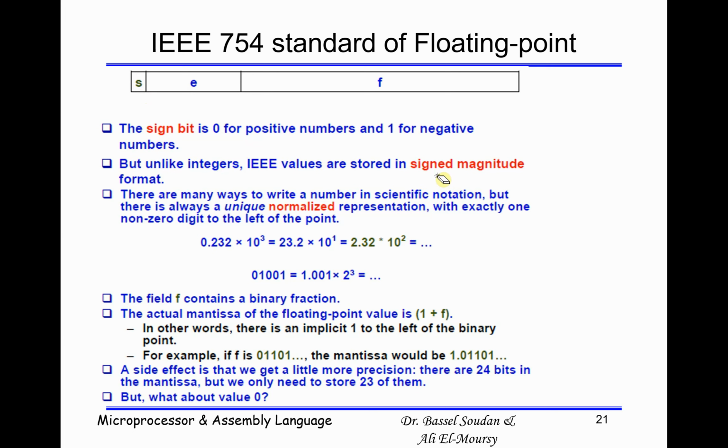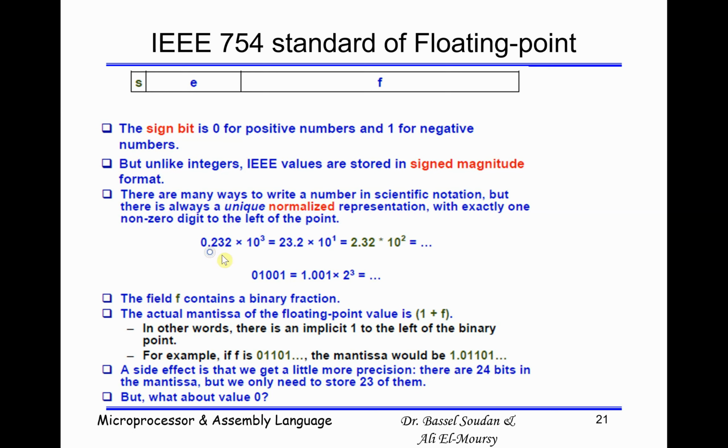There are many ways to write a number in scientific notation, but there is always one unique normalized representation. We mentioned normalization before. Normalization means I have all of the digits to the right of the decimal point.